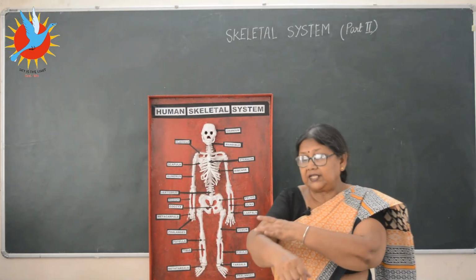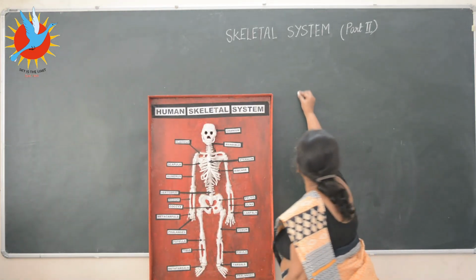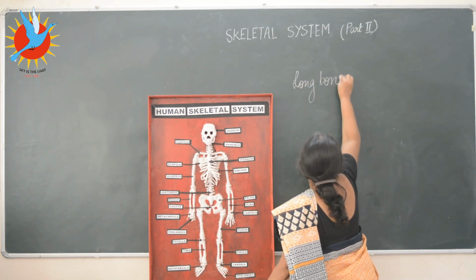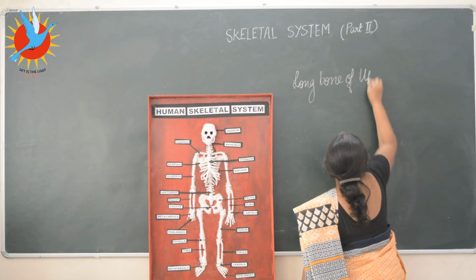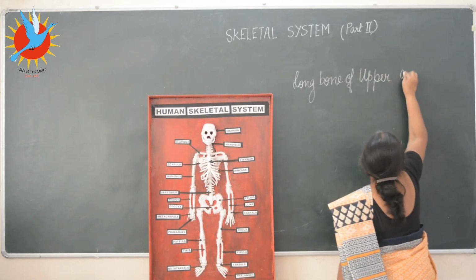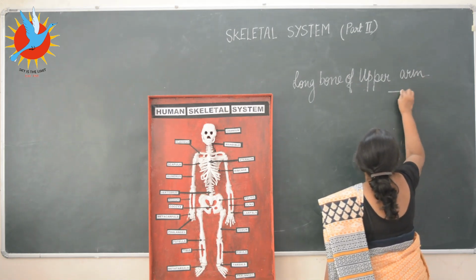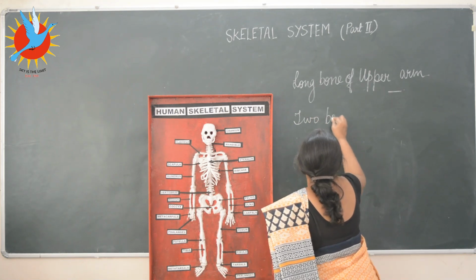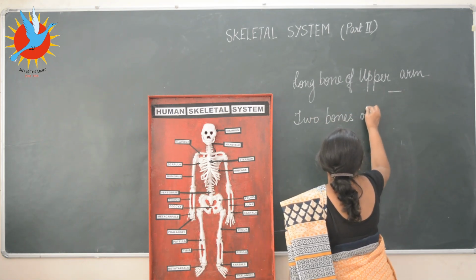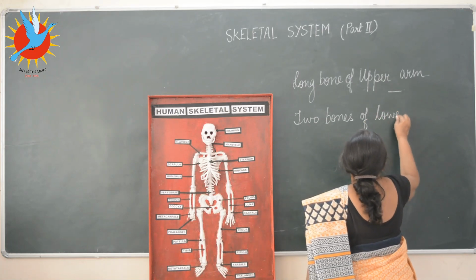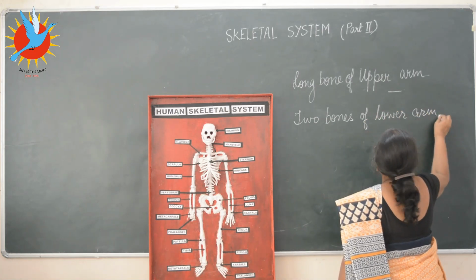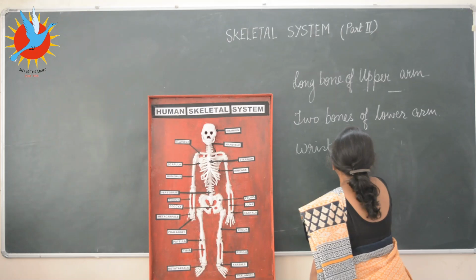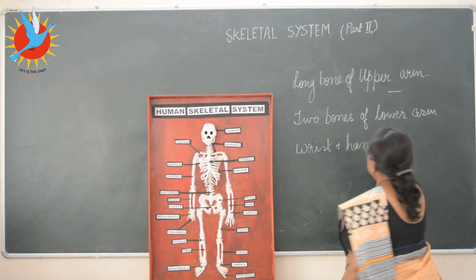So this upper part, the long bone of the upper arm, then two bones of the lower arm, and then we have got the wrist and the bones that make the fingers and this hand part.